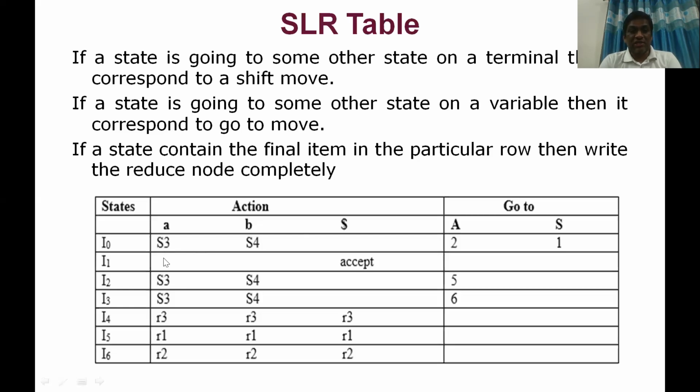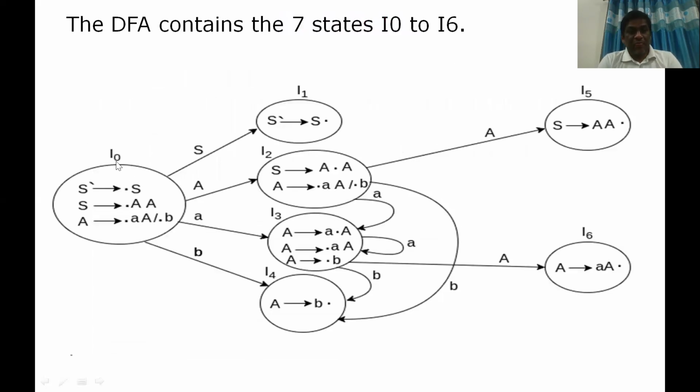Here S means shift operation, R means reduce operation. A state moving to another state on a terminal indicates a shift operation. From I0 on these two terminals, it is moving to I3 and I4. So I0 comma small a is shift 3, and I0 comma small b is shift 4.